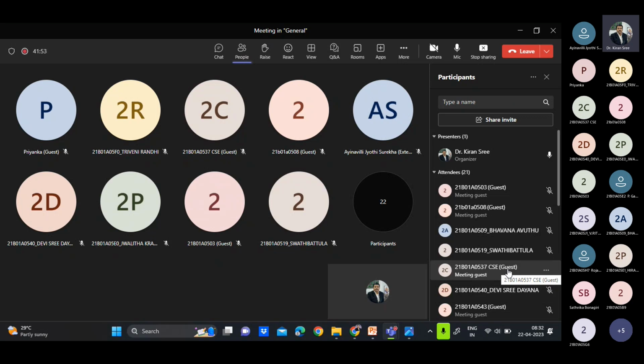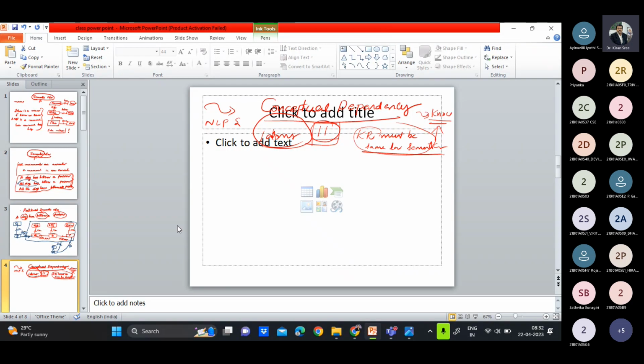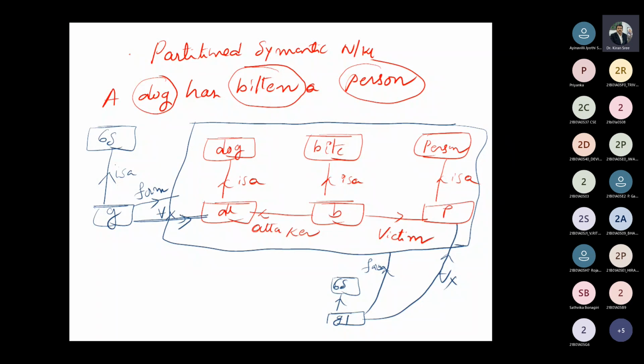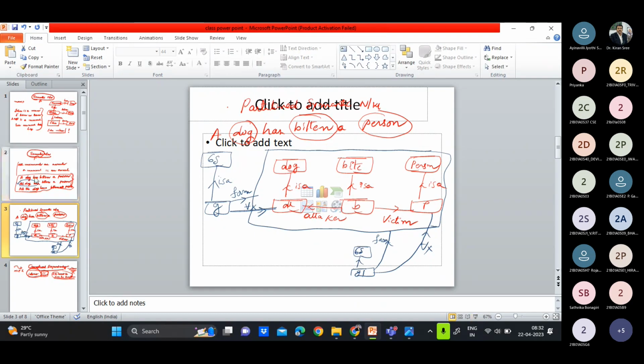Then go for this type of diagram, and you have a partition where all these actions are the same, keep that partition as a box, and then you represent these forms, whether it is for all or existential.